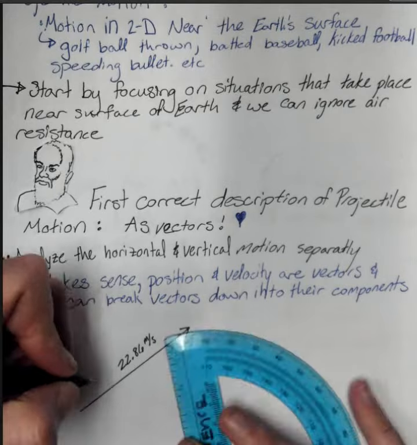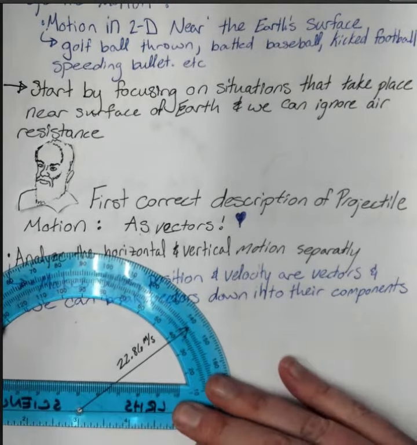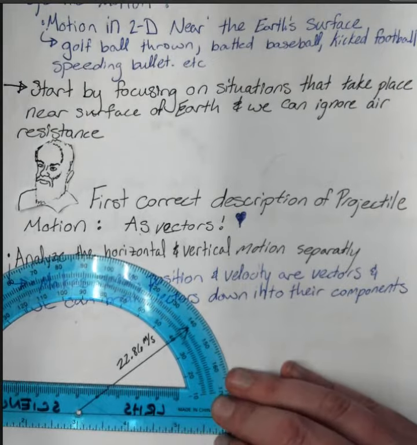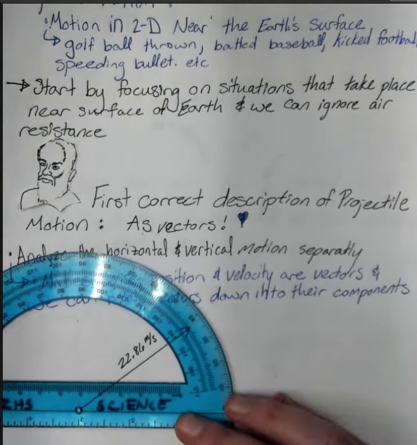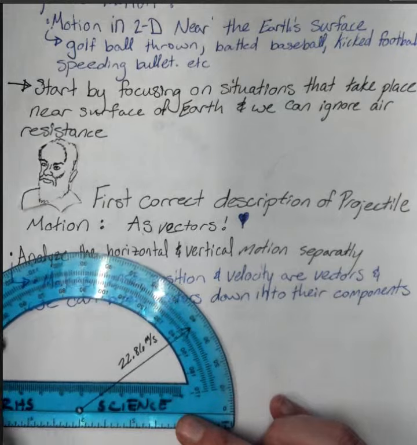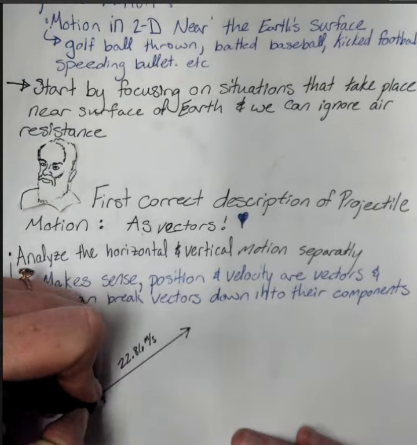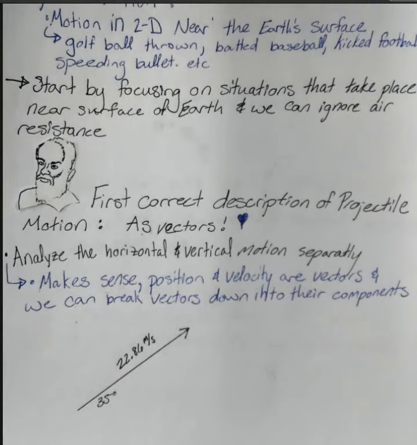And we'll say that that velocity vector is about 35 degrees above the horizon, in reference to the positive x-axis. All right, so if this is our velocity vector, we can analyze the horizontal and the vertical motion separately.